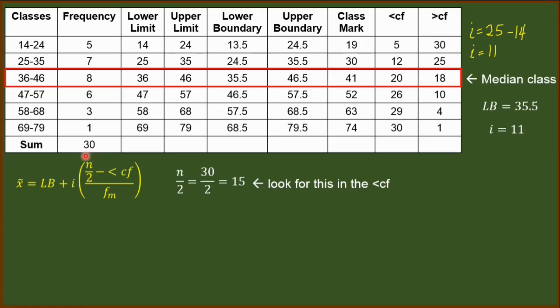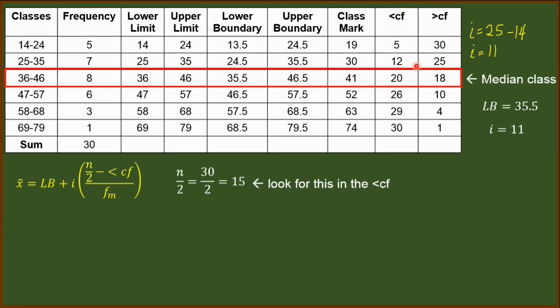Next, we have identified this value: N over 2 is already 15. That is the first quantity that we have determined. Next, we determine the less than CF. Previously, we defined this as the less than CF of the class before the median class. So in this case, if this is our median class, we look for the less than CF in the class before the median class.